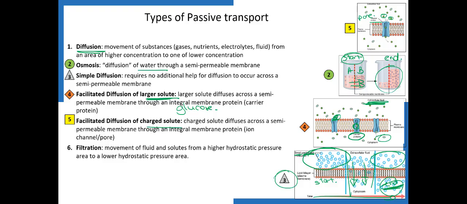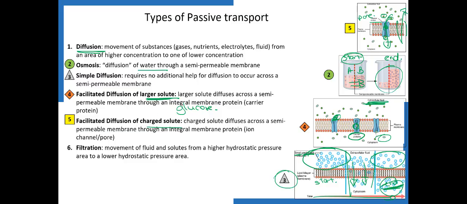Again, that allows the small charged ion to cross the cell membrane. So we've got pores that allow different ions to go in, and other pores that allow different ions to diffuse out. But again, facilitated diffusion always goes from a region of higher concentration to a region of lower concentration.